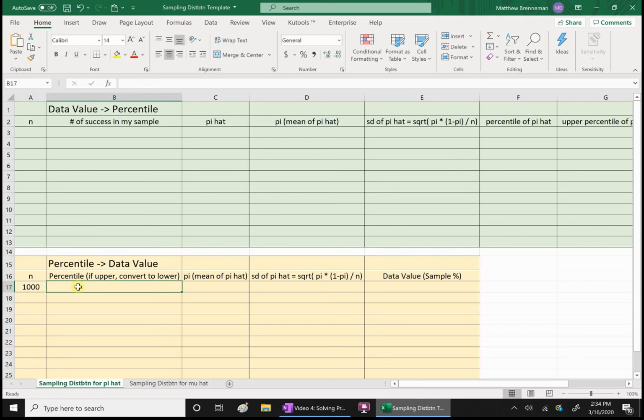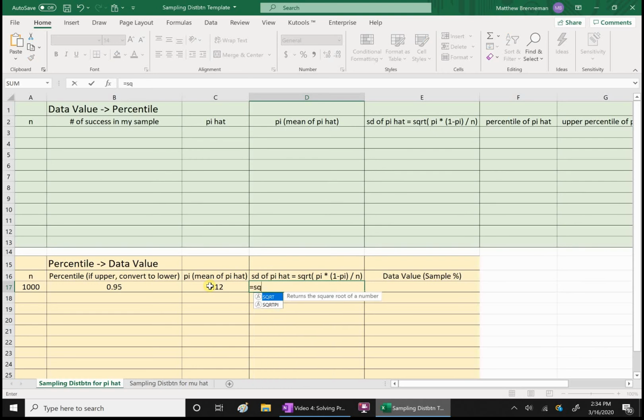I'm working with the fifth upper percentile, so I'm going to have to convert it to a lower percentile. The population proportion is 12%, and the standard deviation is the square root of pi times 1 minus pi divided by the sample size.